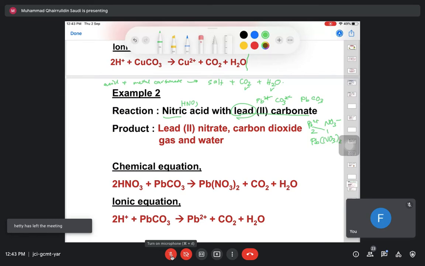Sayang. Nak habis dah sikit je. Ada. Unicorn, please.